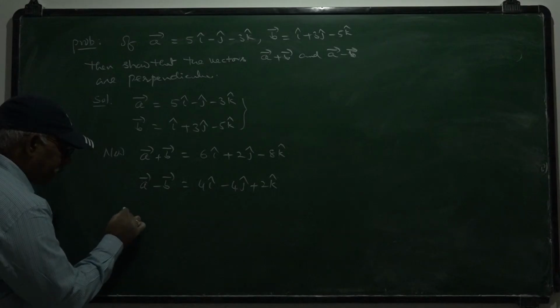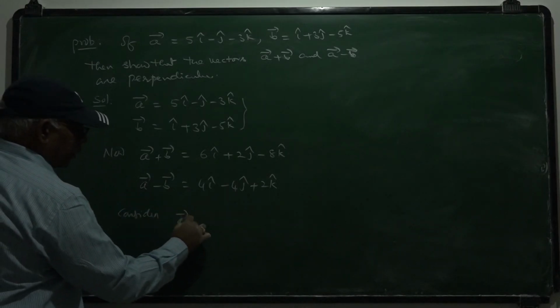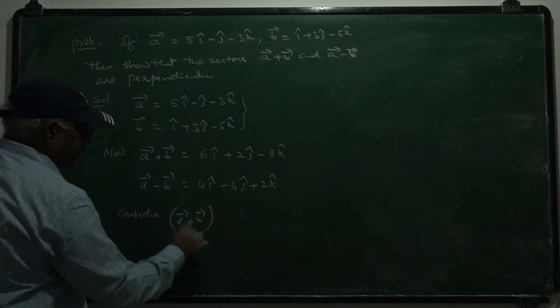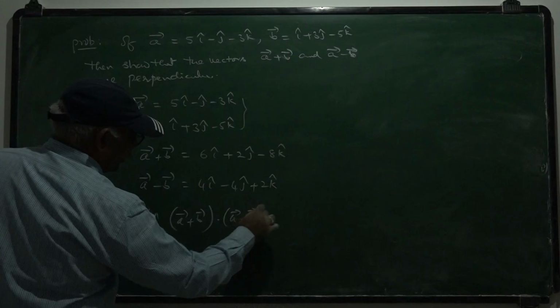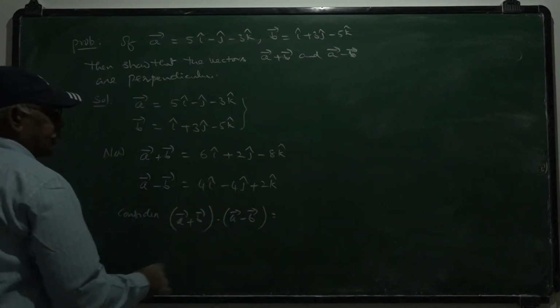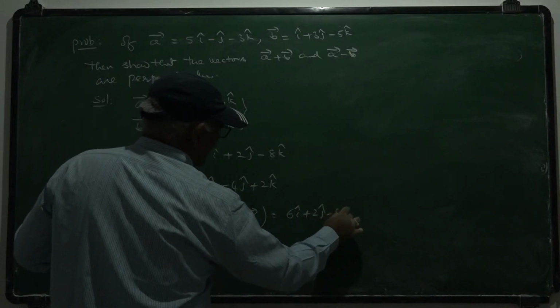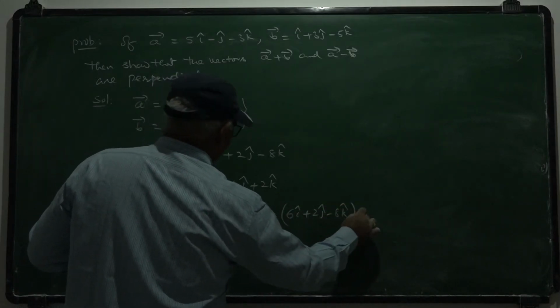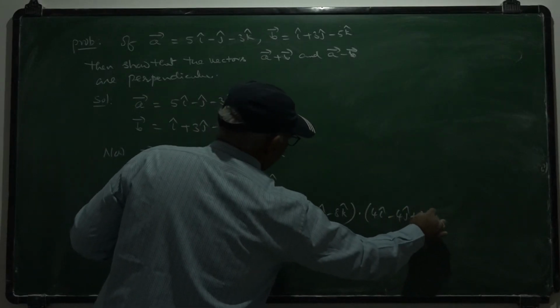For that, consider the dot product of A bar plus B bar and A bar minus B bar. Just I am taking the dot product of these two vectors. That is 6i plus 2j minus 8k dot 4i minus 4j plus 2k.